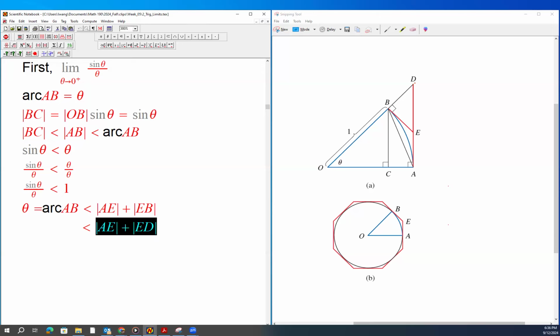So we demonstrated that the arc AB is less than AE plus ED, which is AD, right? This whole sum is equal to the straight line AD.